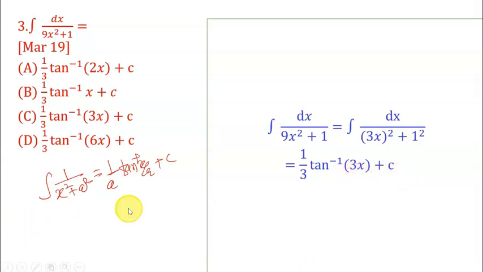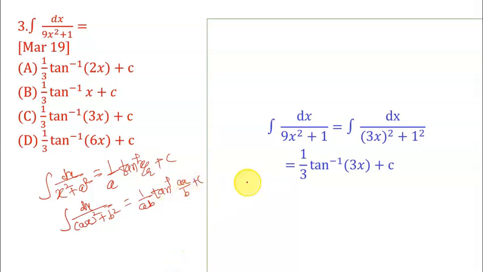Here we also have one more result: the integral of dx upon ax bracket square plus b square. Its integral is 1 upon ab tan inverse of ax upon b plus c.